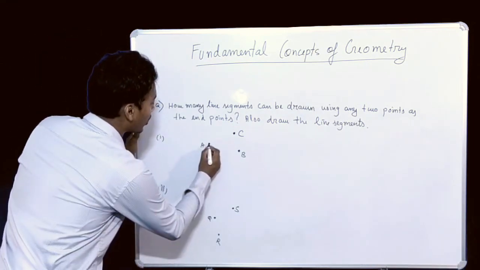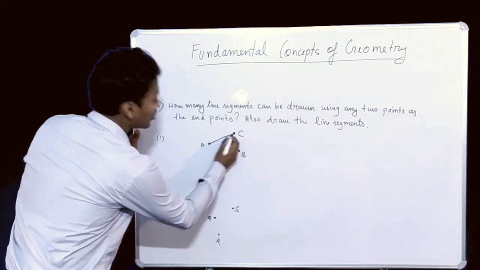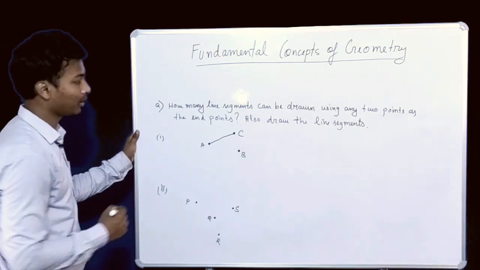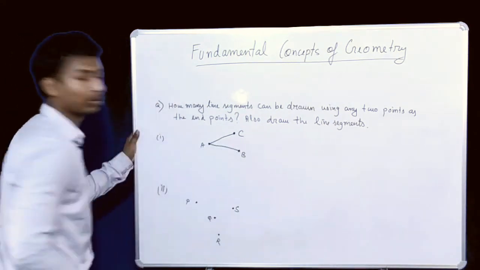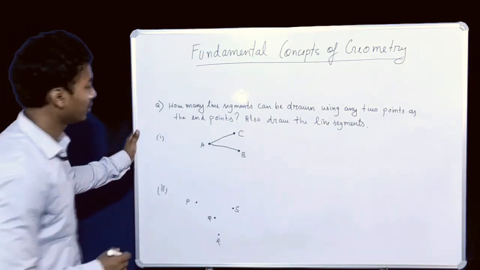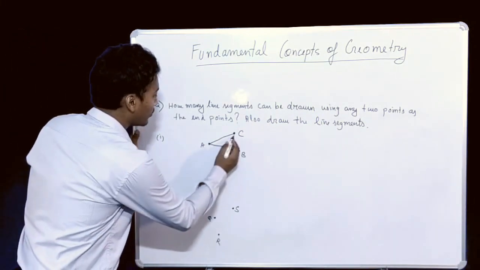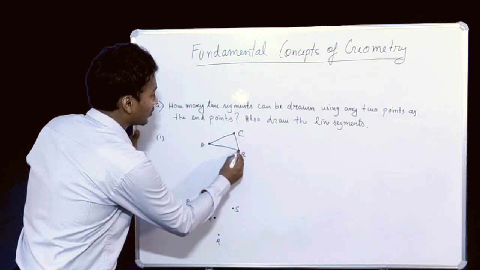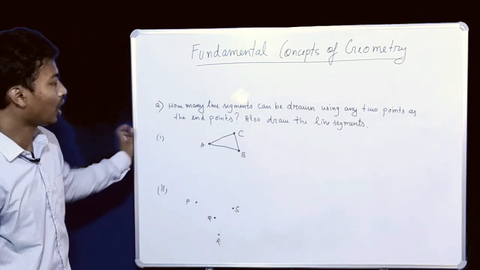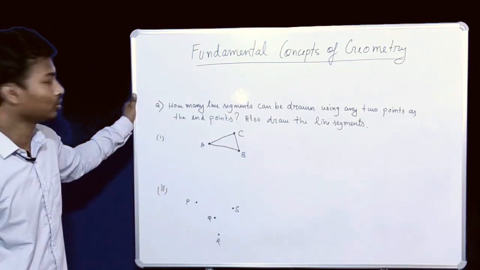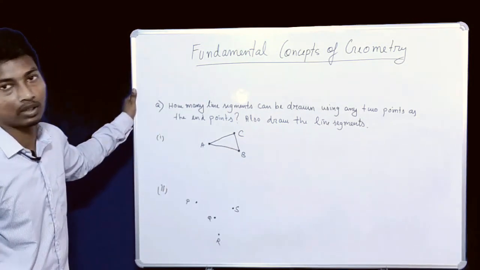So if you join a point from A to C, this will be 1 line segment. If you join a point from A to B, we have another line segment, and then we can join C to B. So how many line segments can be formed using the 3 points? 3 line segments.